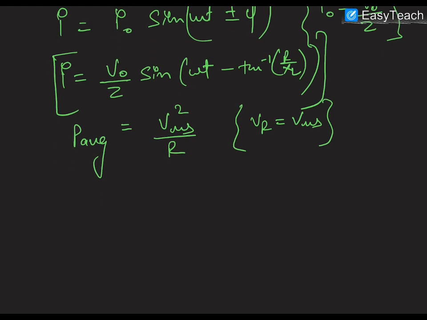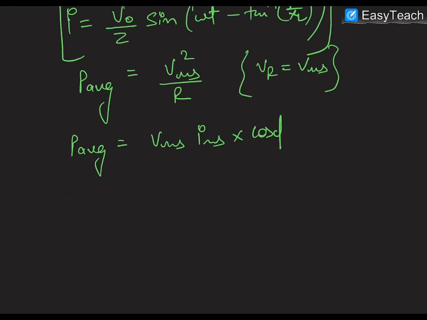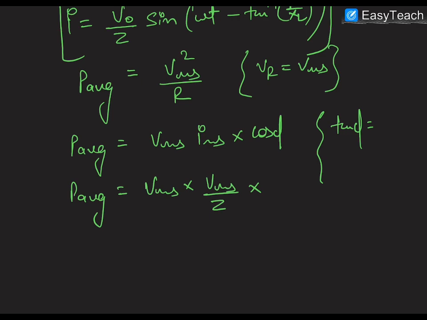Now if we prove this with the basic formula, which is Vrms into Irms into cos phi, we can say that average power will be equal to Vrms into Irms, which will be Vrms upon Z, and cos phi is the power factor. Now we know that tan phi was equal to R upon XL.